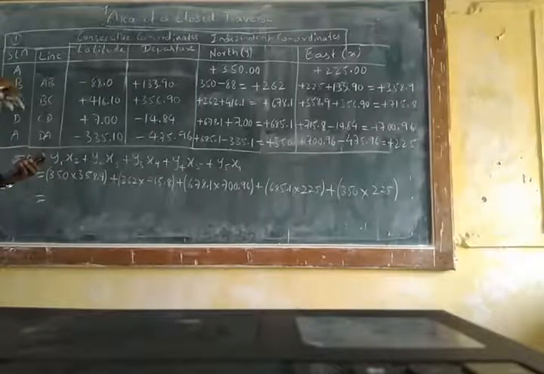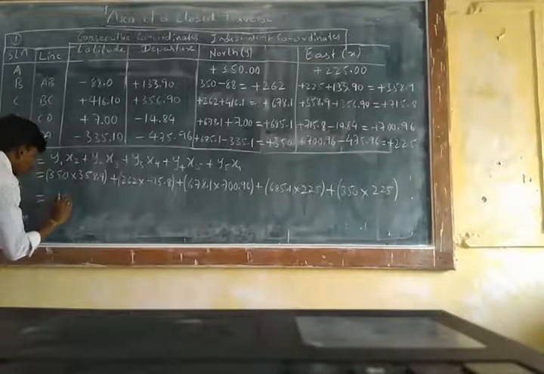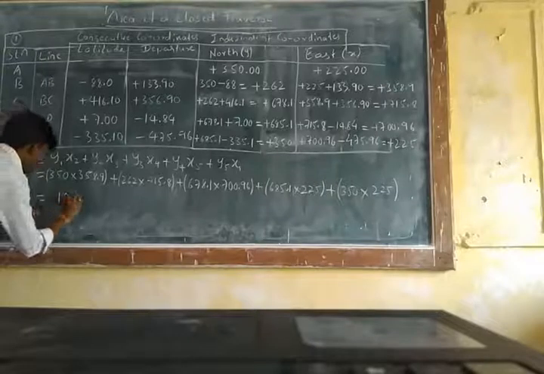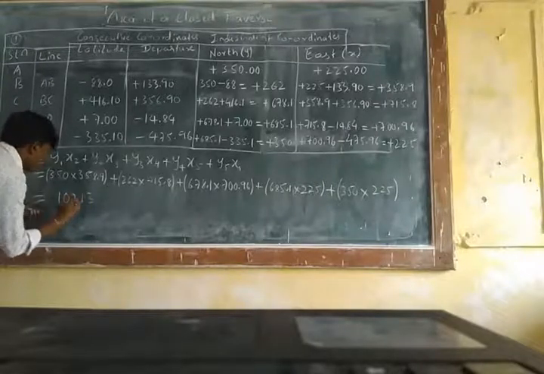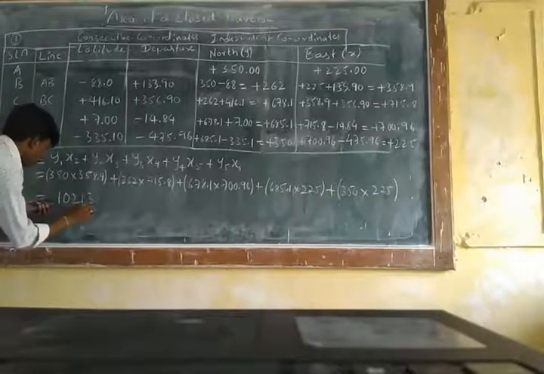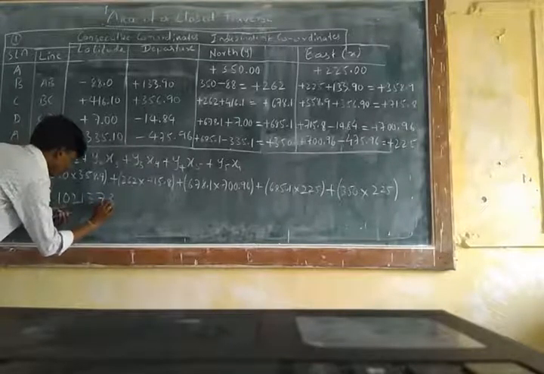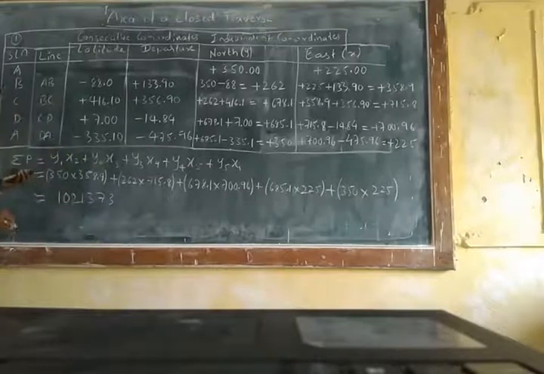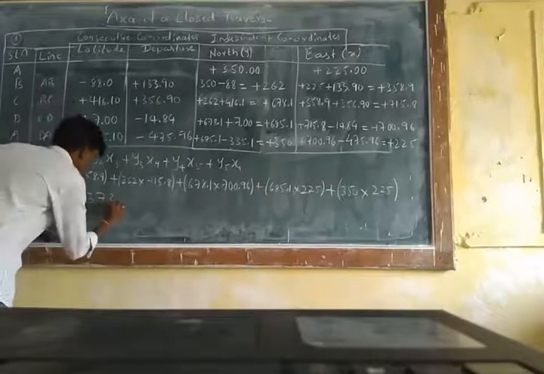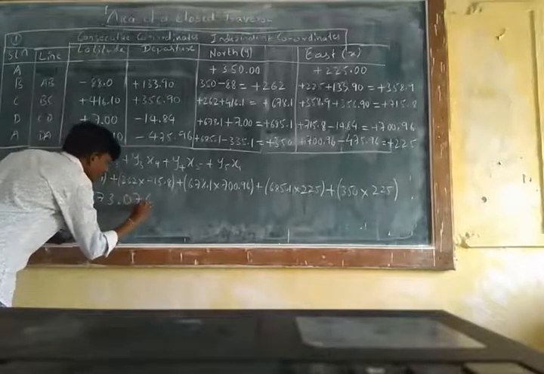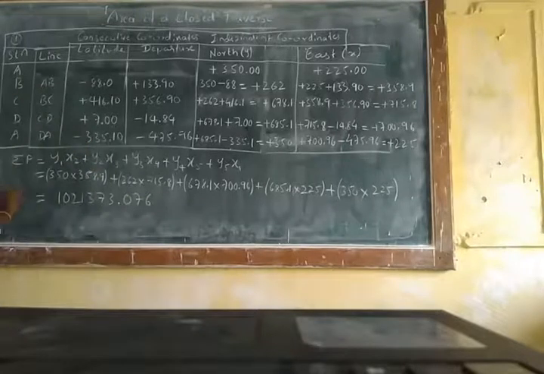So that is 1021,373.076. So this is the summation of P.